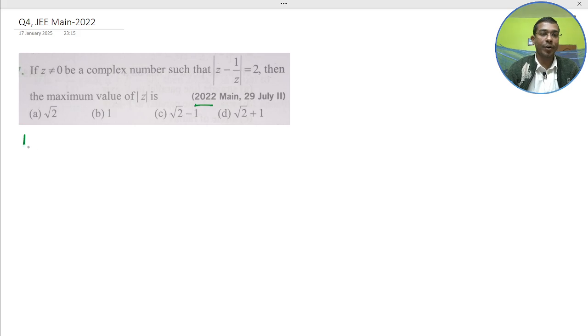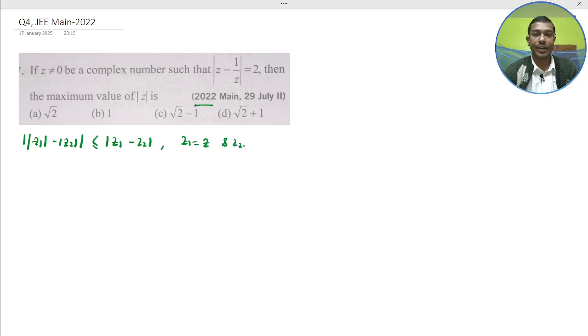We have the property of the modulus that mod of (mod z1 minus mod z2) is less than or equal to mod of z1 minus z2. We use this property here, with z1 as z and z2 as 1 by z.